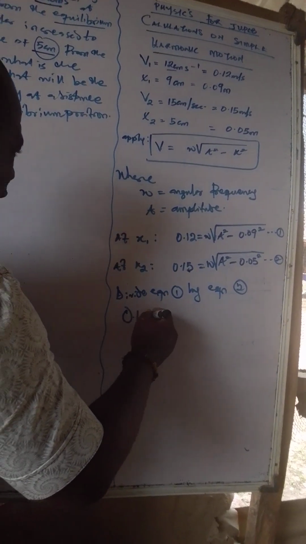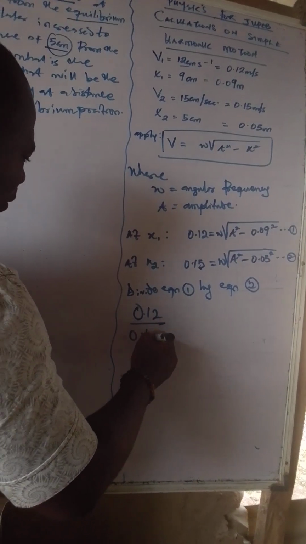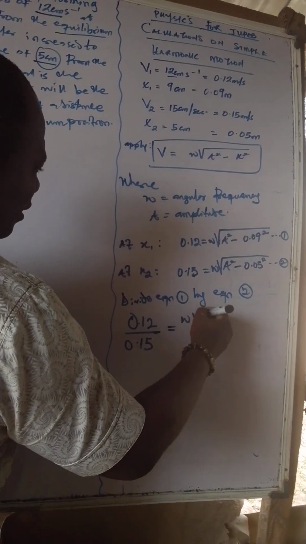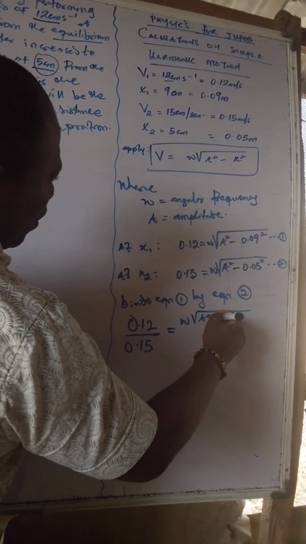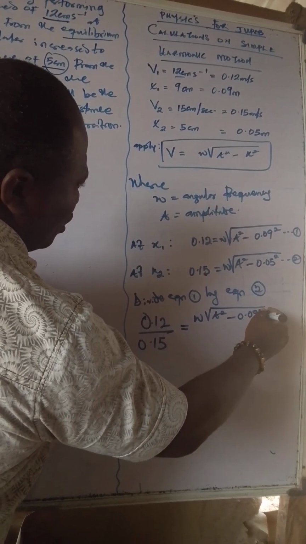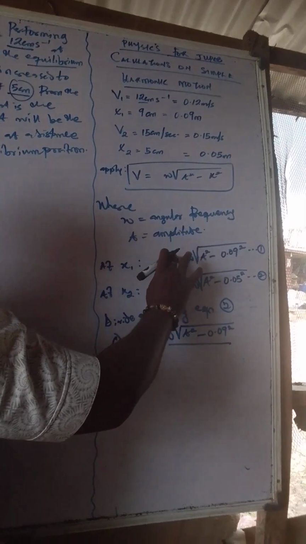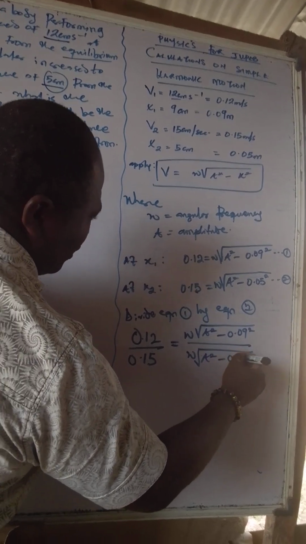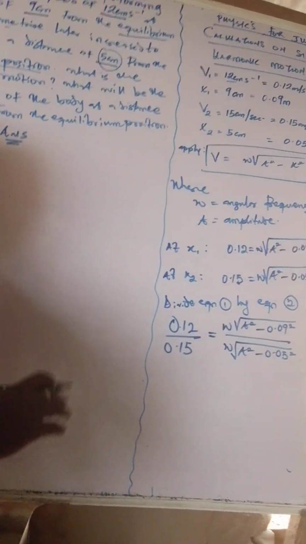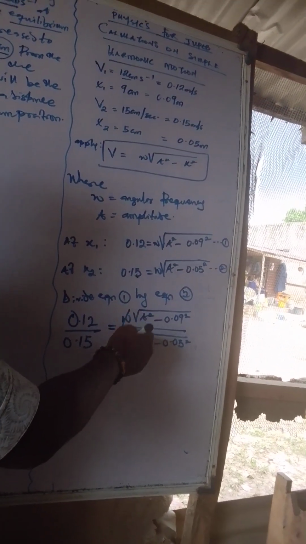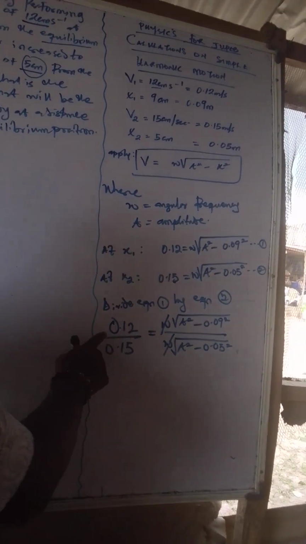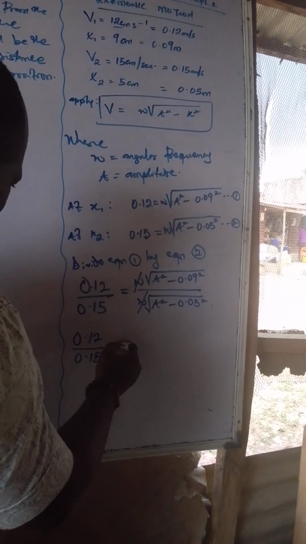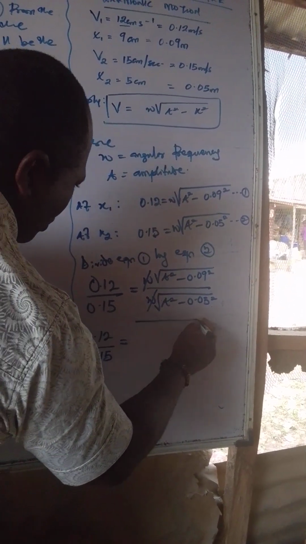So we have 0.12 divided by 0.15 equals omega square root of A squared minus 0.09 all squared, over omega square root of A squared minus 0.05 all squared. Now you can see omega cancels.